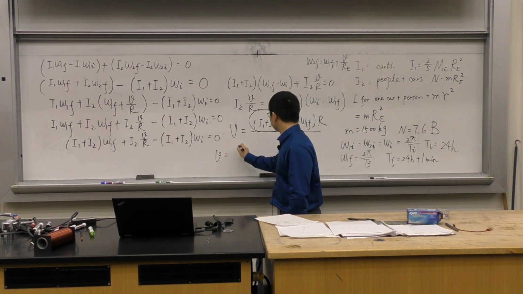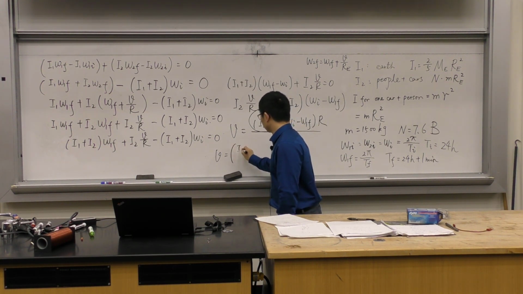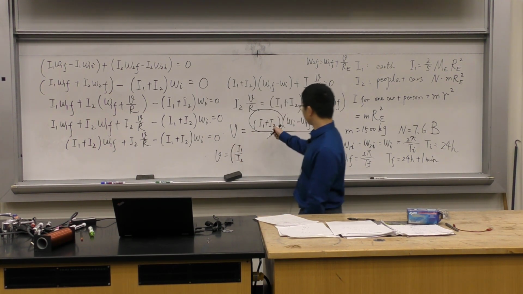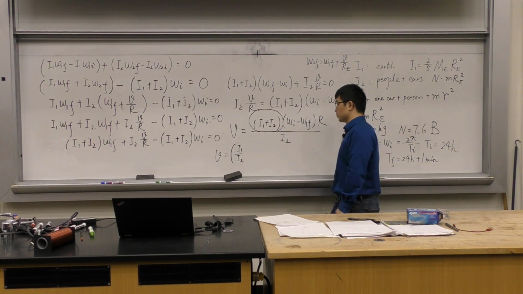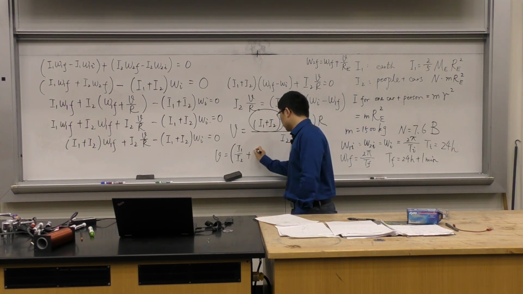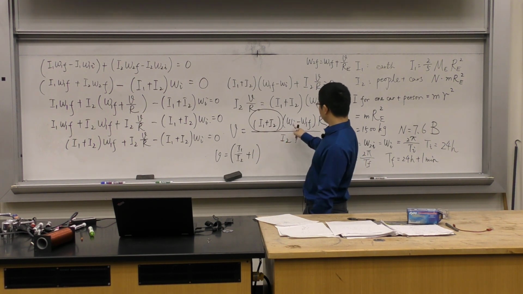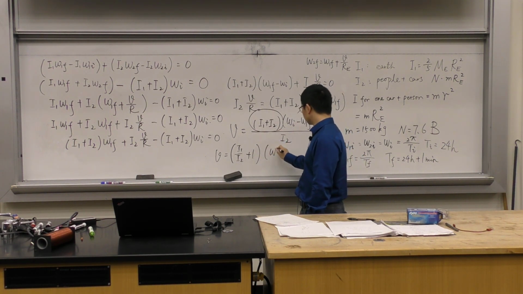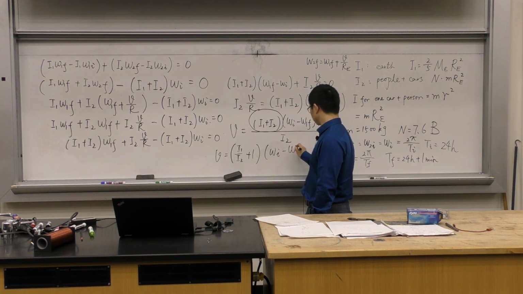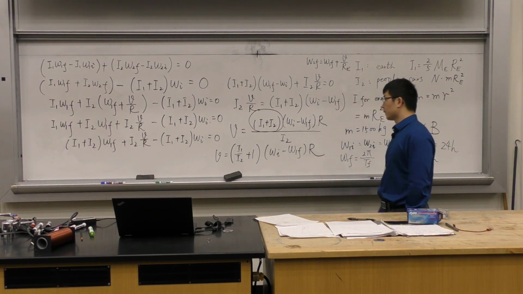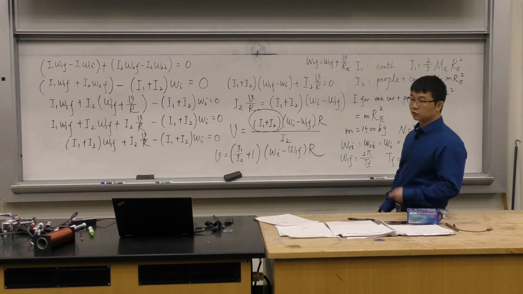You will get I1 over I2. But if you want to plug numbers in, I think this is already very simple. Plus 1, right? If you divide I1 by I2, that's what you get. And this is still there. I think this is the simplest you can get.